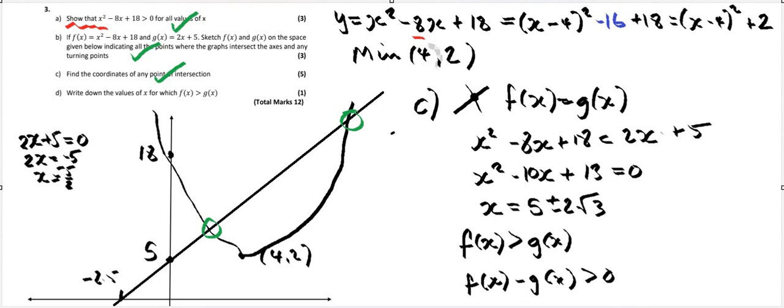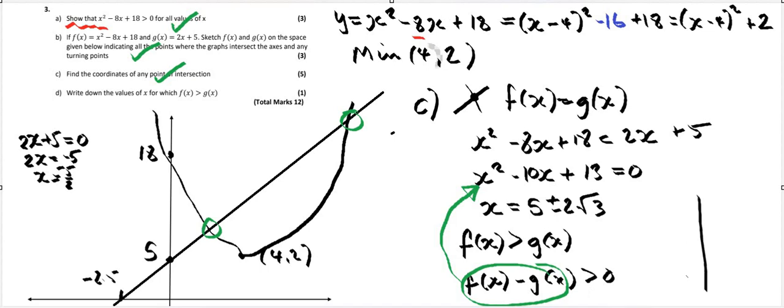What have we done? We took away 2x to get this, and we took away 5 to get this. So f of x minus g of x is actually that quadratic we just found the solutions for. And then we go back to the same thing.